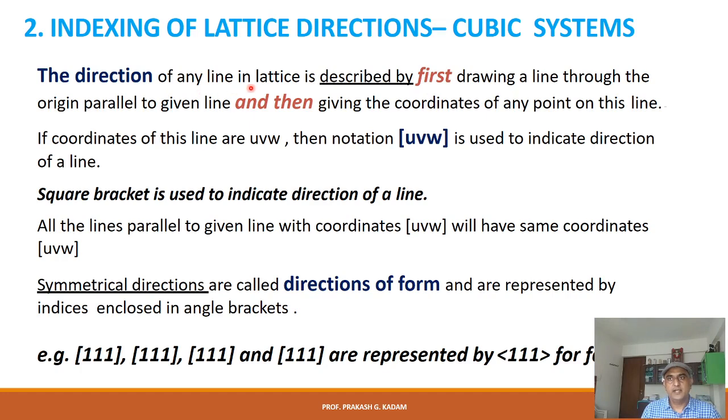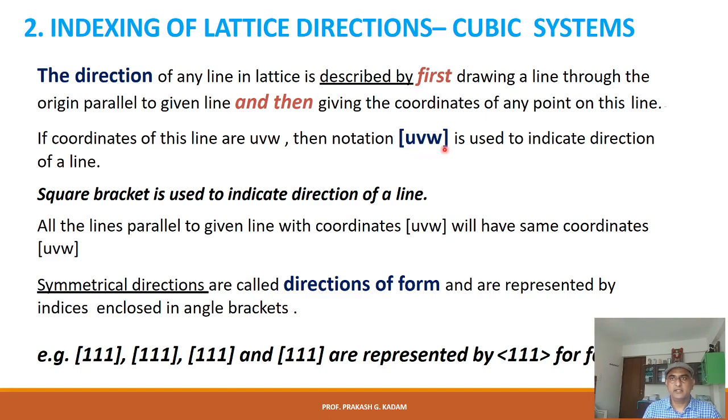The direction of any line in a lattice is described by first drawing a line through the origin parallel to the given line, and then giving the coordinates of any point on this line. If the coordinates of this line are u, v, w, we represent them as u, v, w without any comma, inside the square bracket.